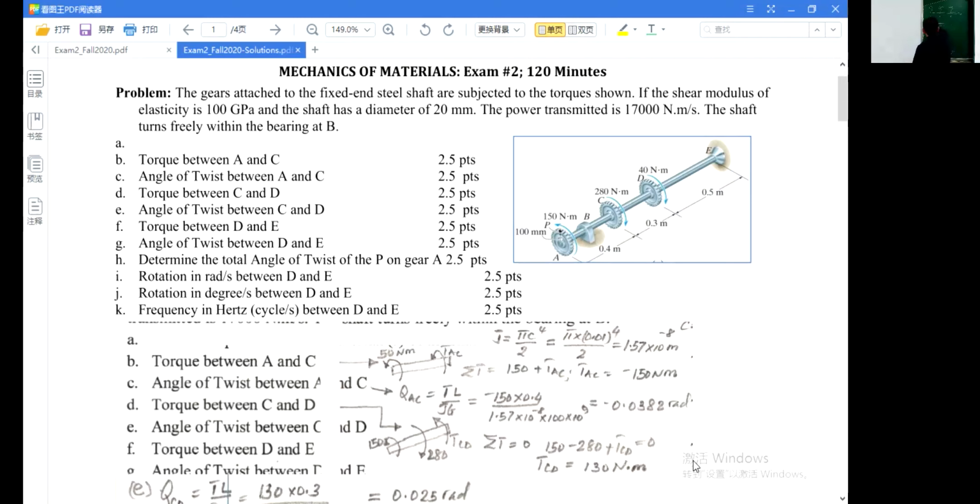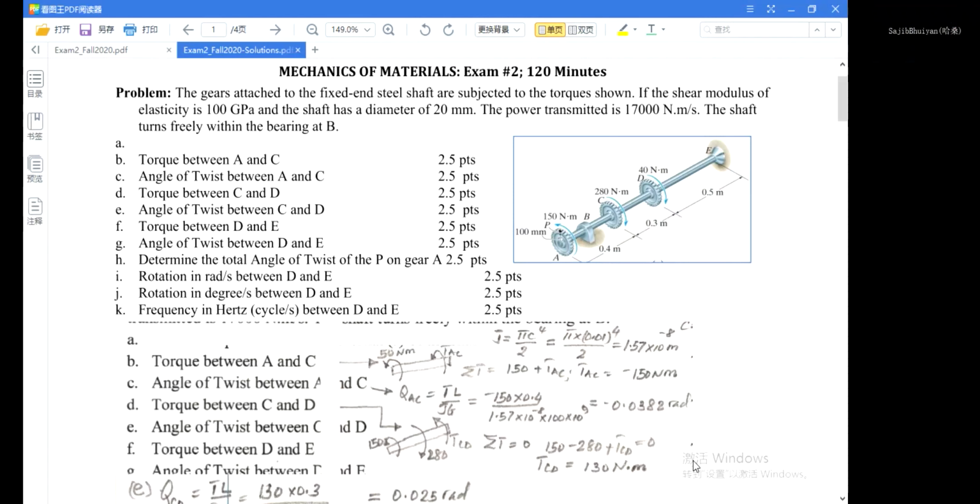Make a cut. 100 and 200 is a positive direction. If the thumb points out of the material it is a positive direction, so we find T is minus.